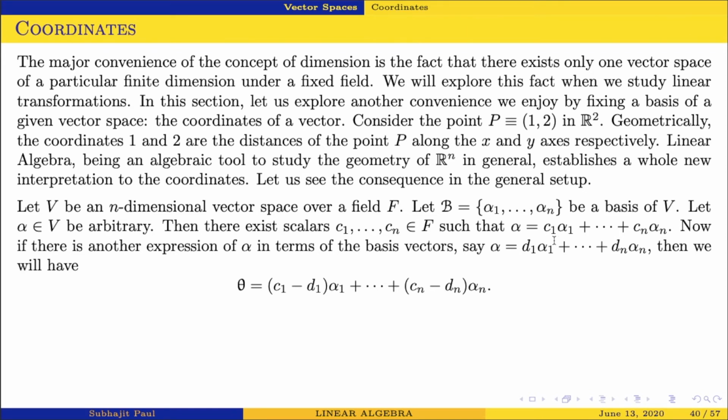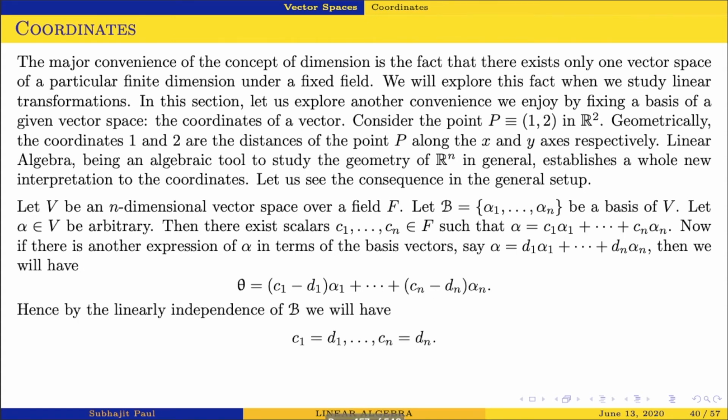and clubbing the coordinates vector-wise on the right hand side, we have (c1 minus d1) times alpha 1 plus (c2 minus d2) times alpha 2 up to plus (cn minus dn) times alpha n. Hence, by the linear independence of the basis B, all these scalars should necessarily be 0.